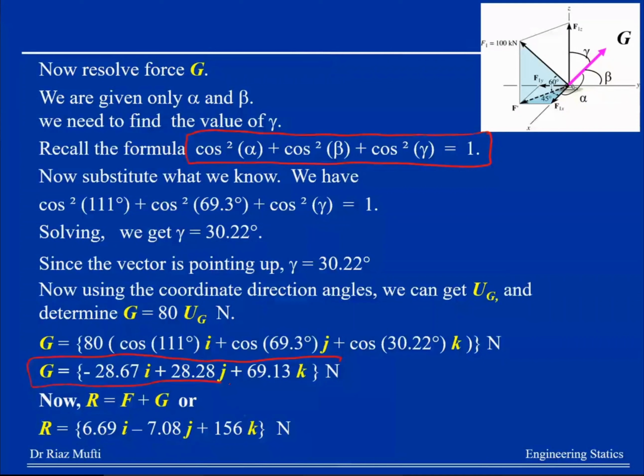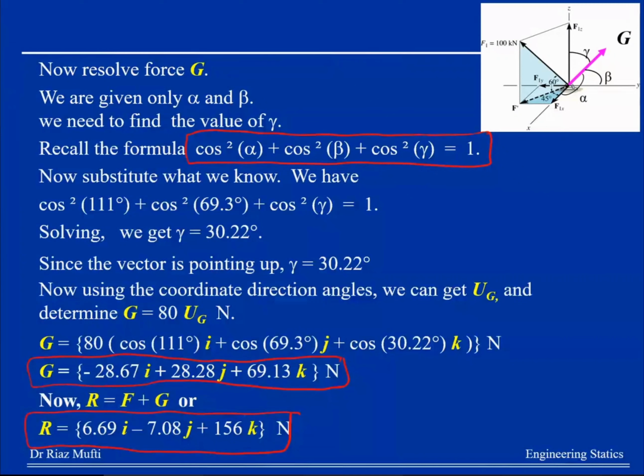I've got my three components out for G also. So I've divided my two vectors into components. And now the only thing I have to do is sum them up. I've got the resultant vector and its three components out.